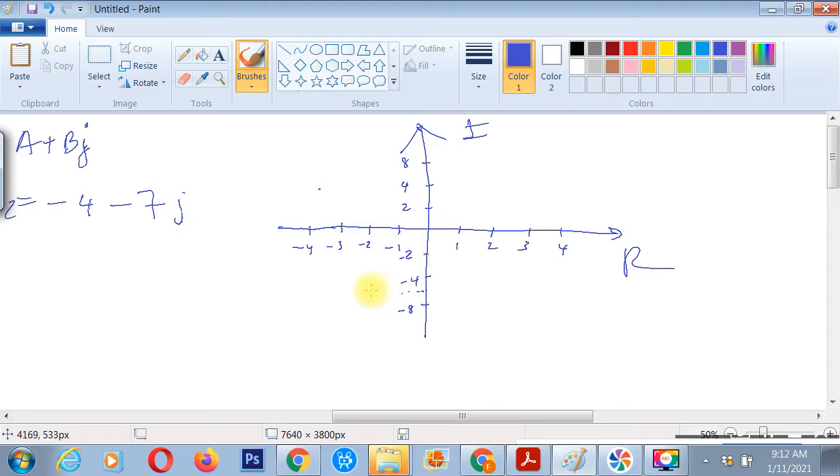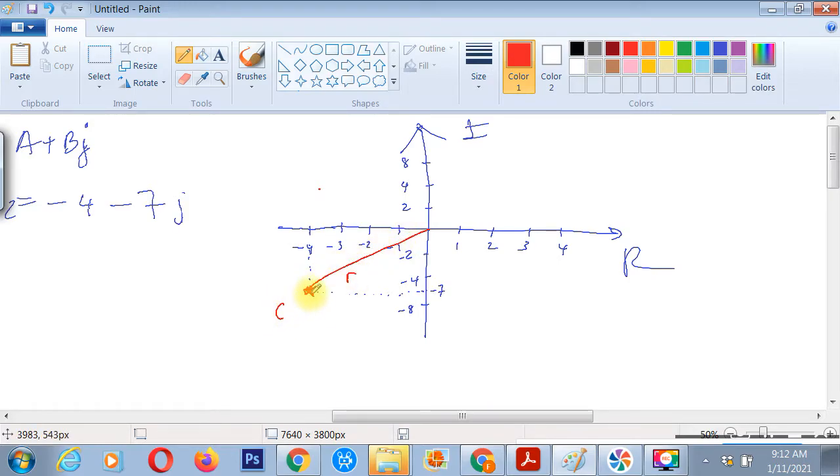We take the ruler and map this point. So we get -4, -7 here. So we get this point, and this point we will call R.